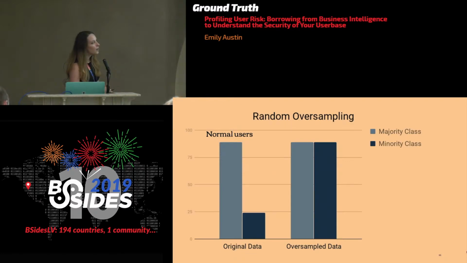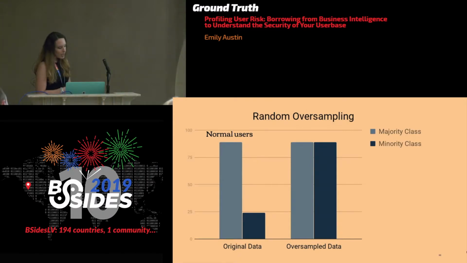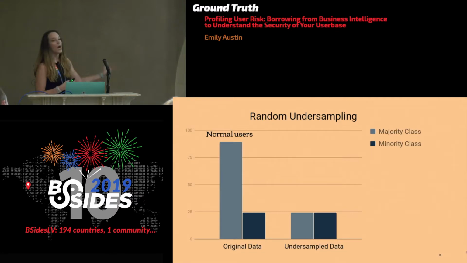So I would have the same or almost the same number of observations of the class that I'm really curious about and of the normal user base. I could also undersample: cut this large normal user set down to be equivalent to the smaller, more interesting target set that I want to look into.